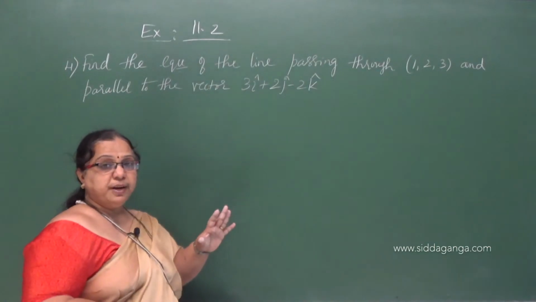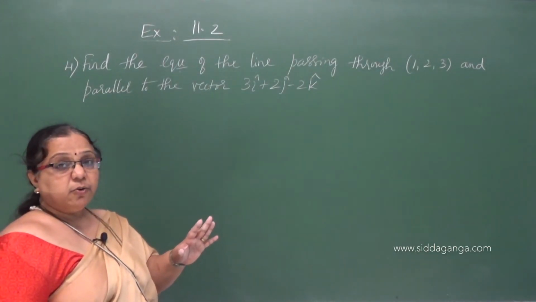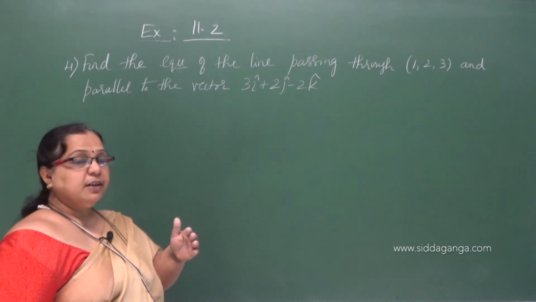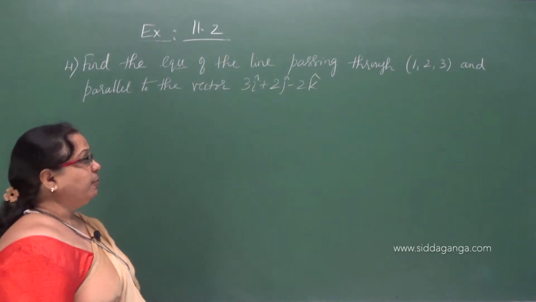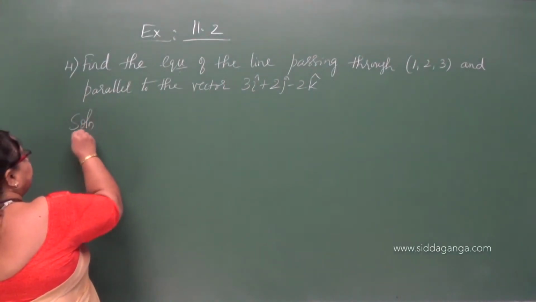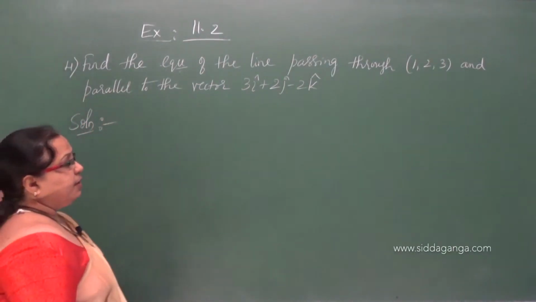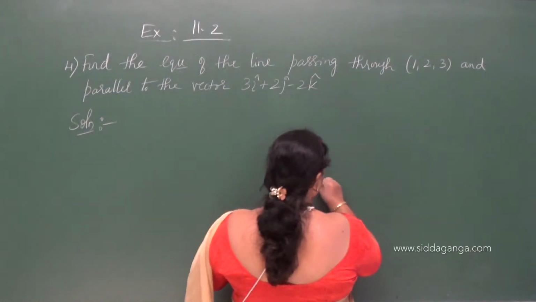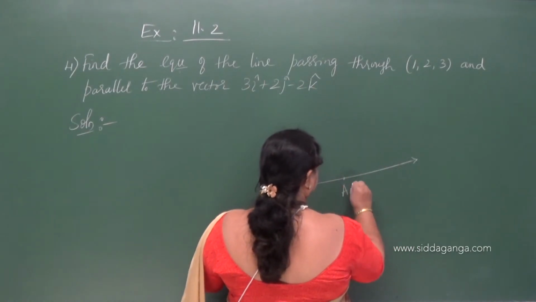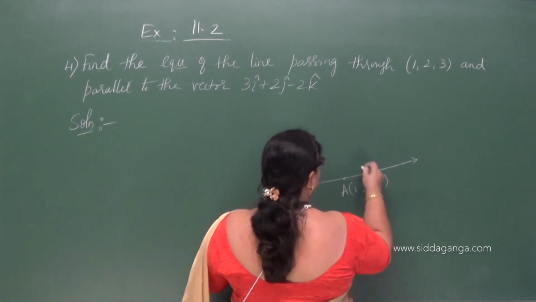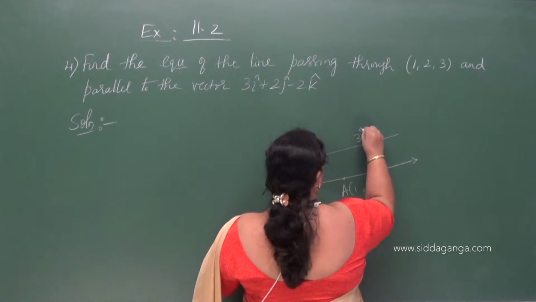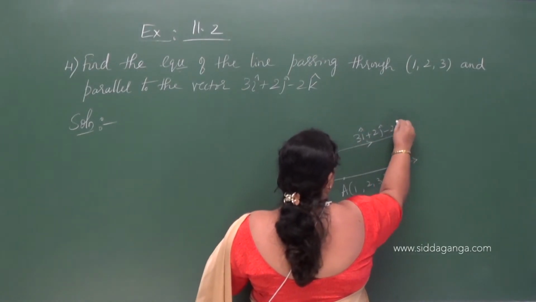When we have to write the equation of a line, we must always identify whether the given data is according to theorem 1 or theorem 2. I think this problem is according to theorem 1. We have to find the equation of the line L which passes through the point and is parallel to the vector 3i plus 2j minus 2k.